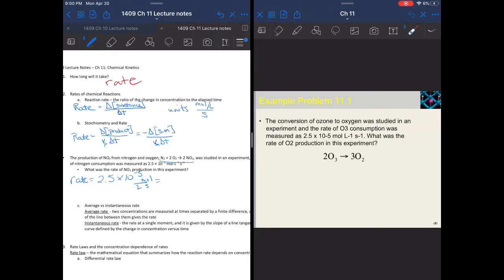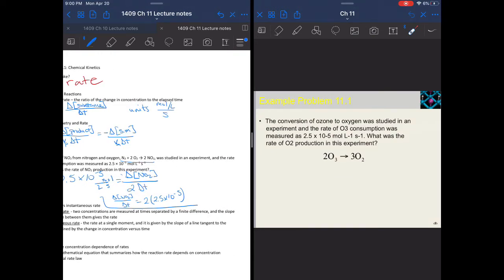If we want to know the rate of the production of NO2, hopefully, because it's an easy equation, you can see that you just have to multiply it by 2, because the change in the concentration of NO2 should be divided by 2 times the change in time. So if we're just trying to find the rate at which the NO2 is forming, we're just going to do 2 times 2.5 times 10 to the negative fifth.